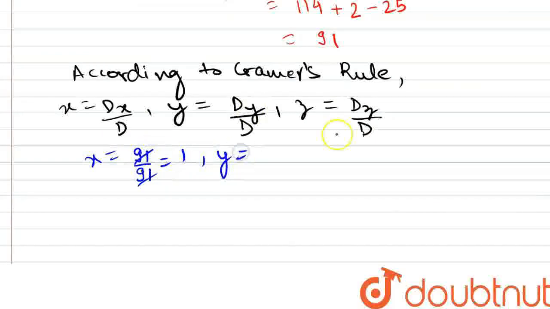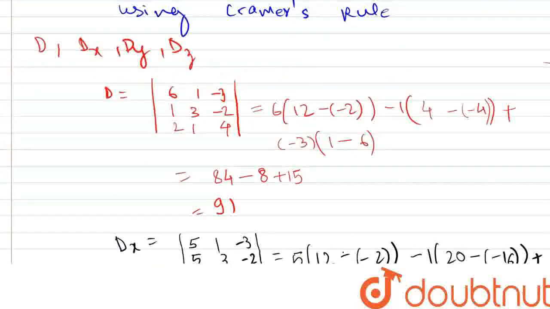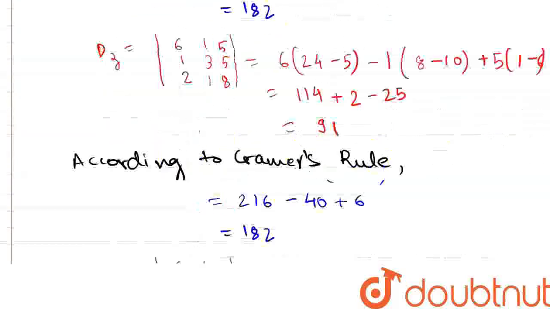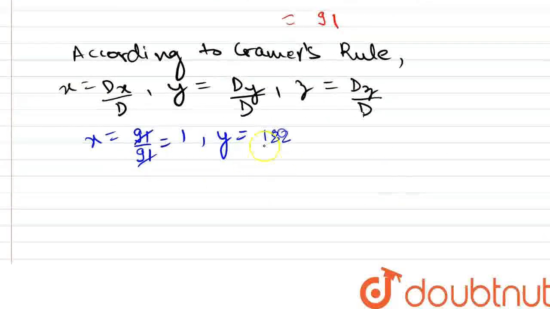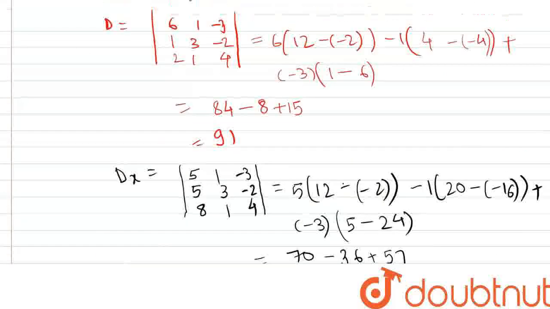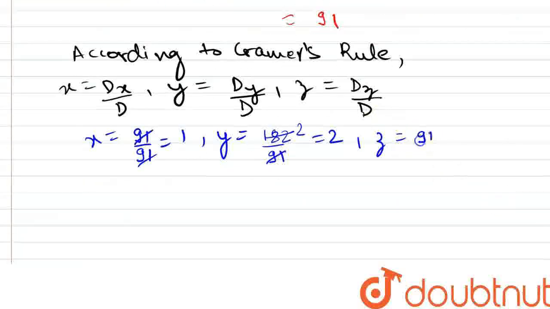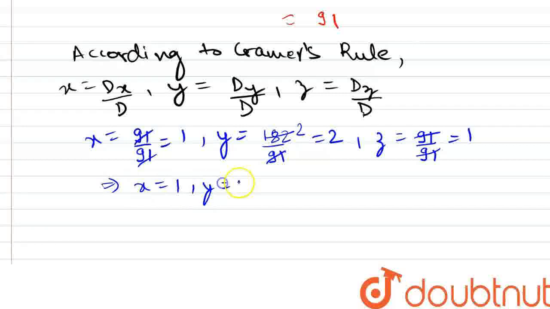Then y is Dy by D. We calculated Dy to be 182, and D equals 91, so y would be 182 by 91, which means 2. Then z is Dz by D. Dz is 91 and D is 91, so z would be 1. So we get the final answer: x equals 1, y equals 2, and z equals 1.